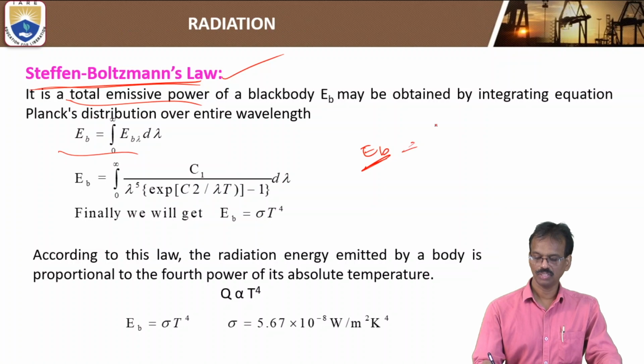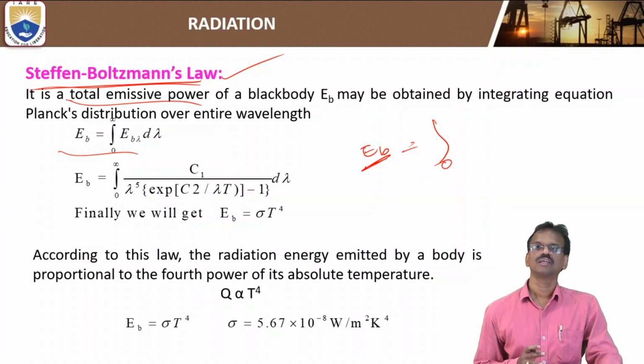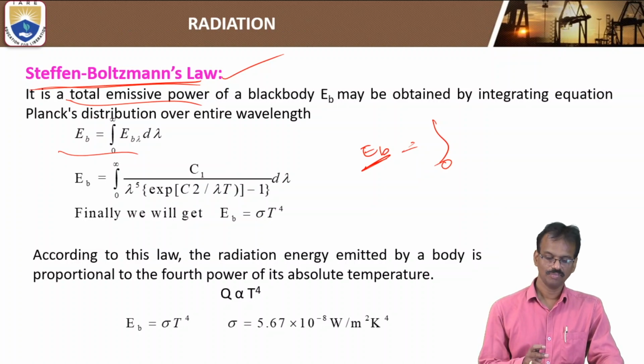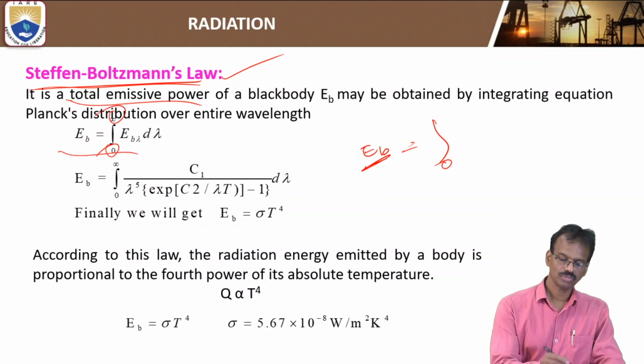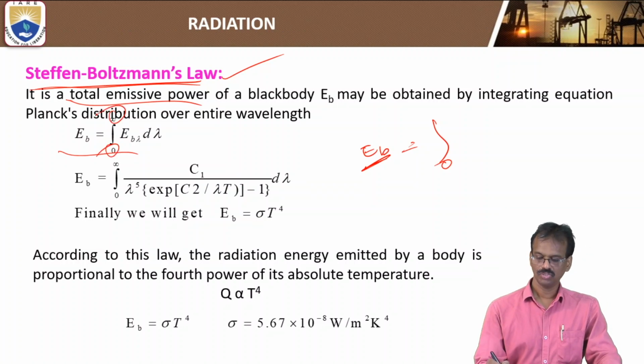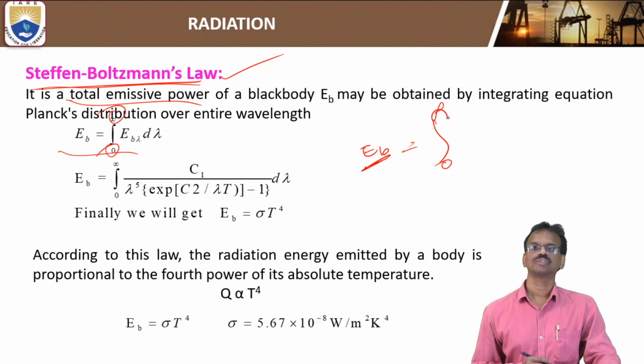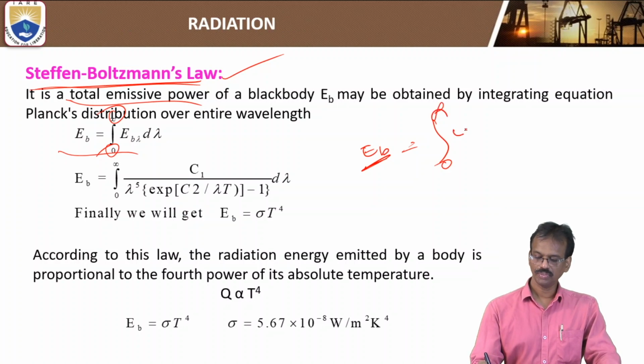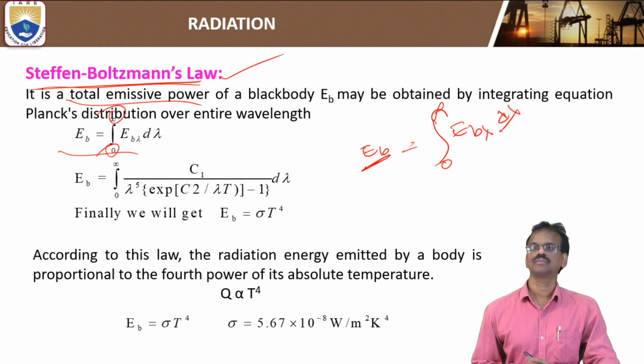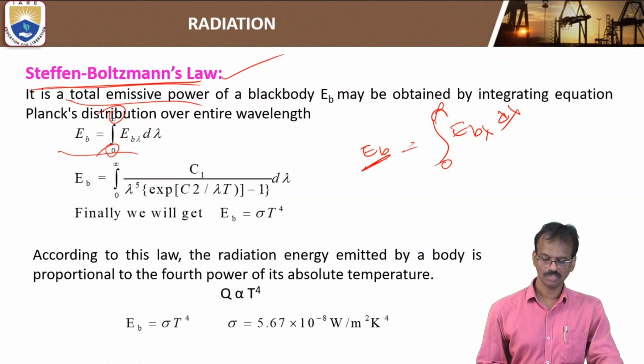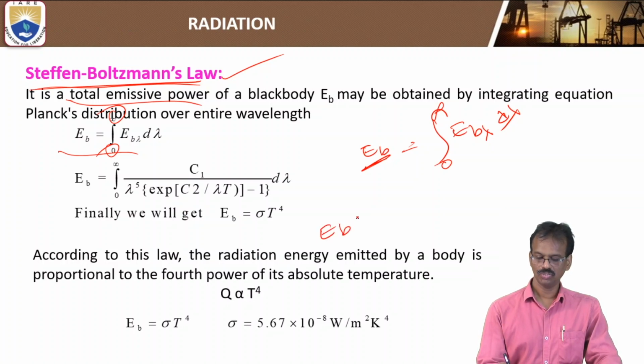We can find the total emissive power by integrating the monochromatic emissive power with the limits 0 to infinity, EB lambda into d lambda. If you integrate this, we get the final formula, EB is equal to sigma into T to the power of 4.